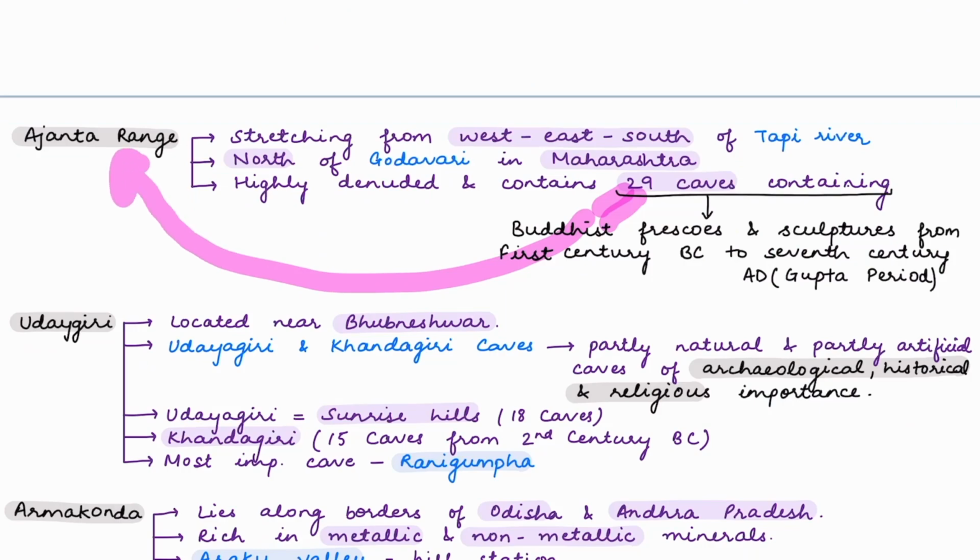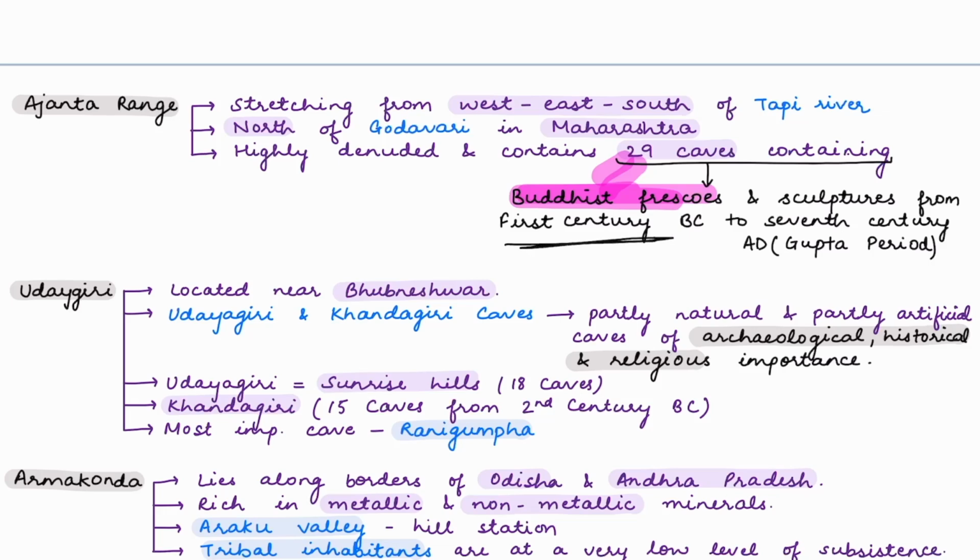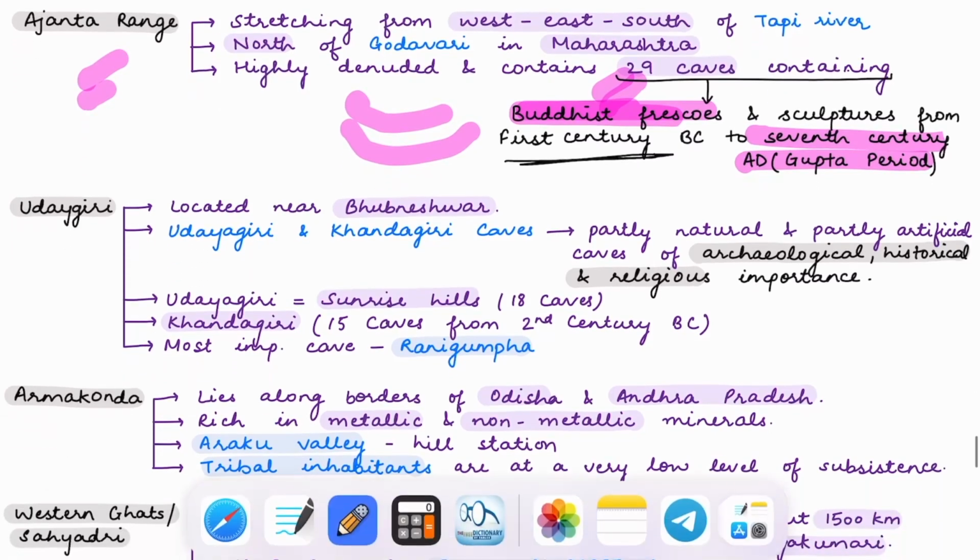These Ajanta caves contain world renowned Buddhist fresco paintings, and the sculptures found here range from 1st century BC to 7th century AD. So over the course of around 750 to 800 years, sculptures have been made and upgraded in the Ajanta range.